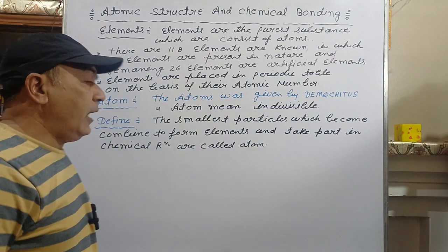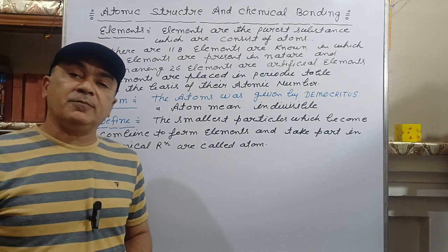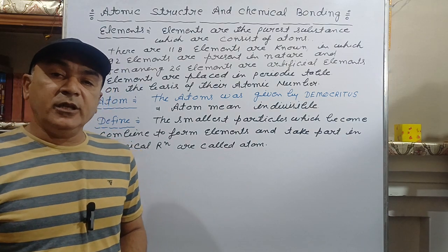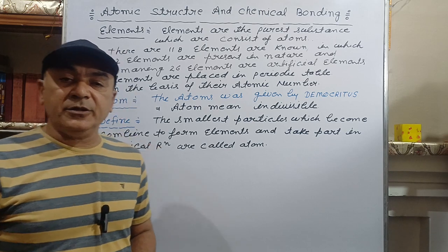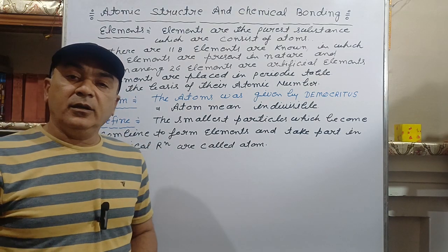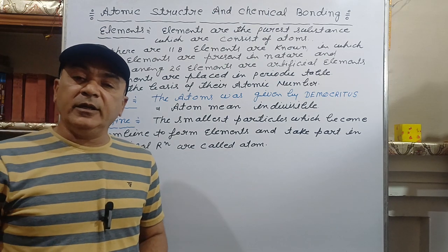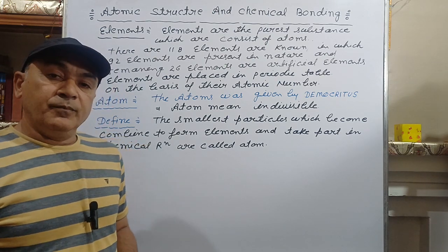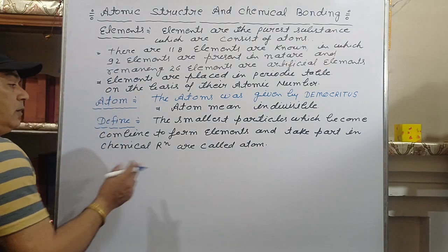Now, atoms are the main constituents of elements, and these are also the smallest particles which take part in chemical reactions. On the basis of this observation, John Dalton, a scientist, gave Dalton's atomic theory. It is the first theory about atoms.